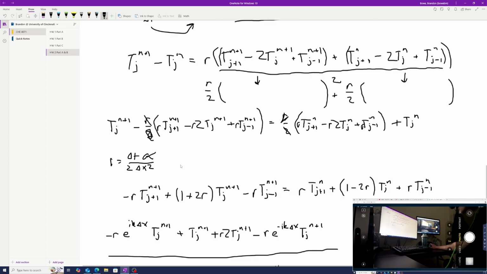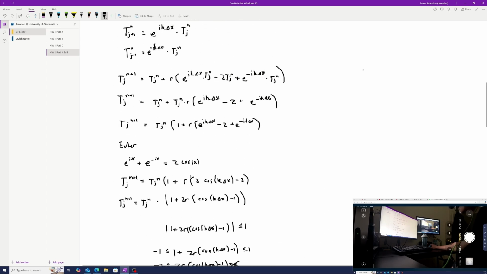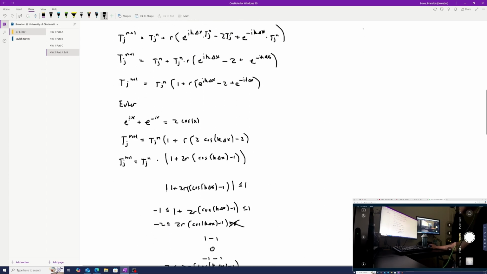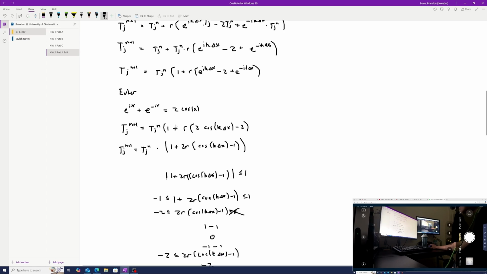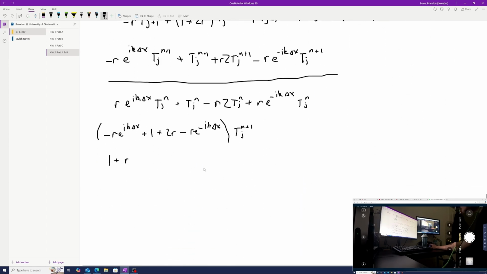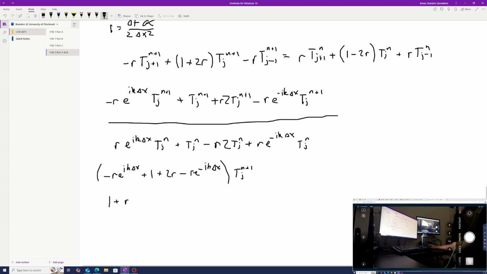We need to, wait 1 second, this is e to the i k delta x plus, okay. So what we need to do is pull out a minus r here, giving us minus r.